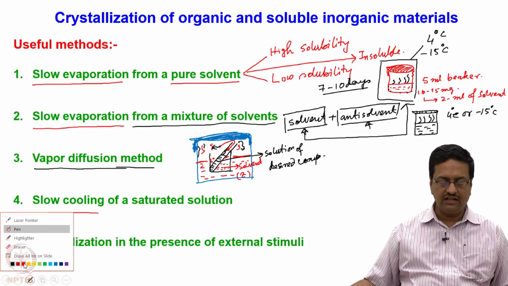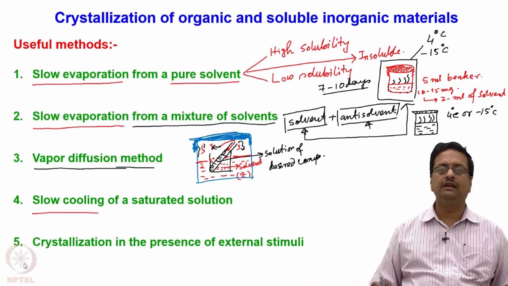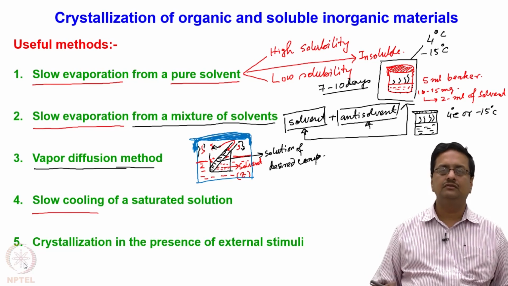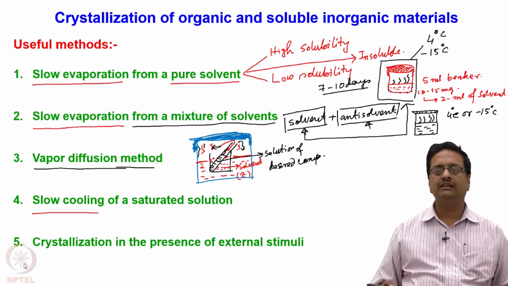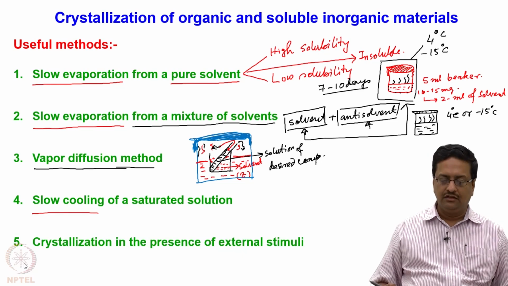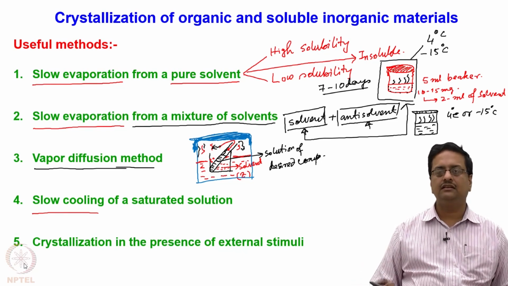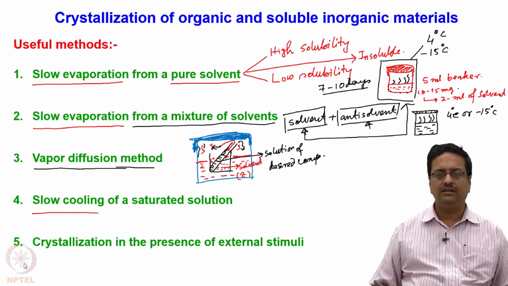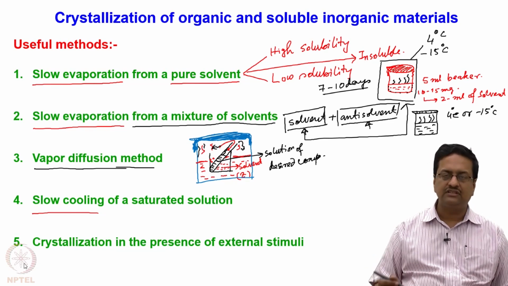In chemistry teaching laboratories, when we try to make some derivatives, we must have learned how to purify those derivatives by crystallization method. So all of you might have done in your undergraduate courses where you have made some particular compound from a starting material and your teacher has asked you to crystallize from a solution.